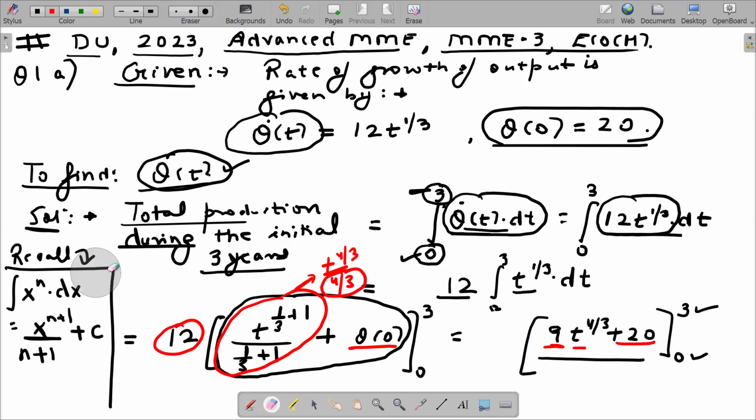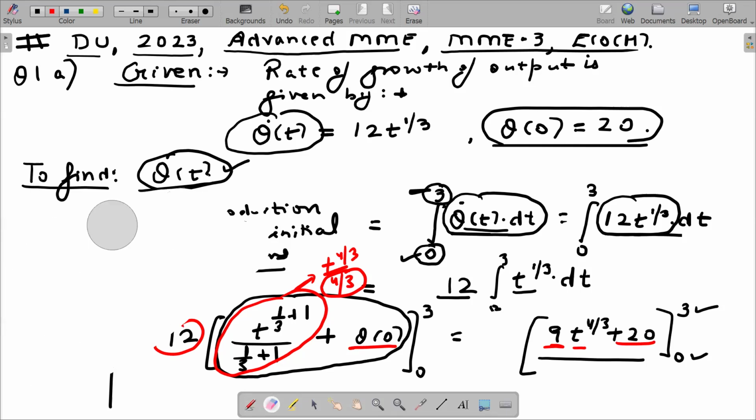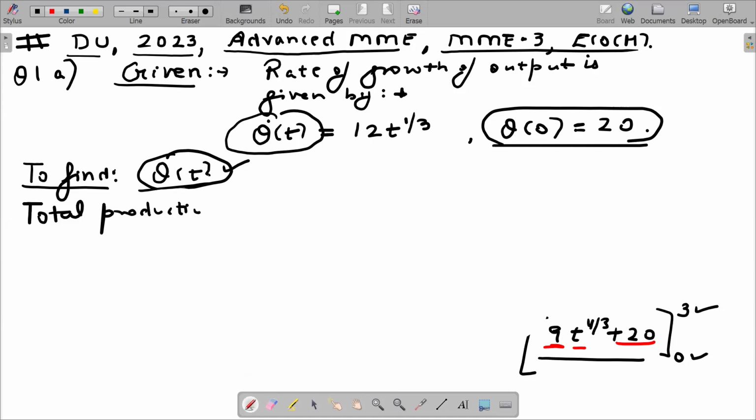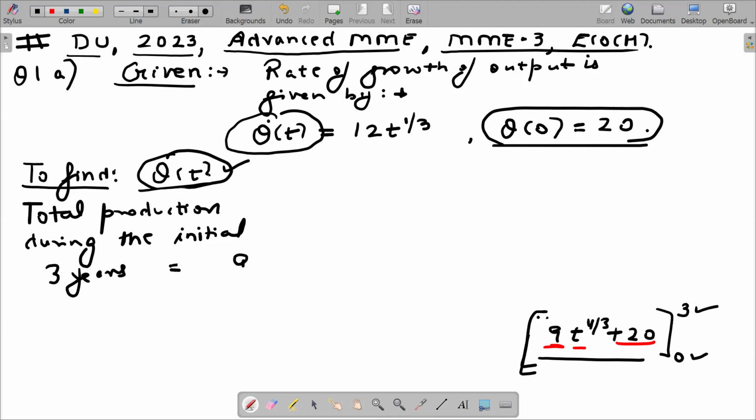So now I'm going to solve this further. If I erase all this, I can write that the total production during the initial 3 years is going to be, first put t as 3, so 9 times 3 to the power 4/3 plus 20, minus, now put t as 0, so 9 times 0 to the power 4/3 plus 20.